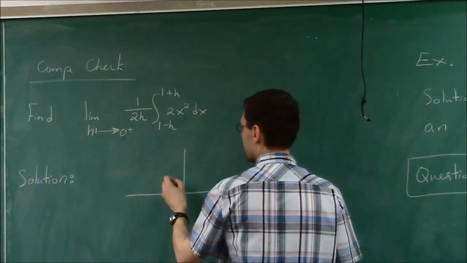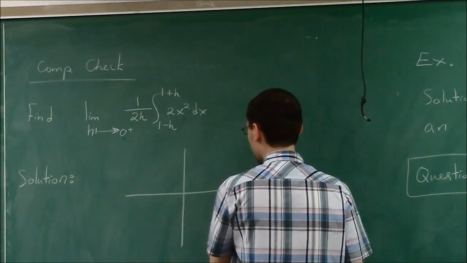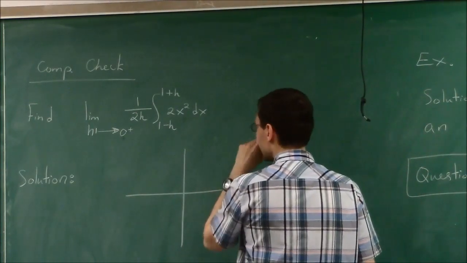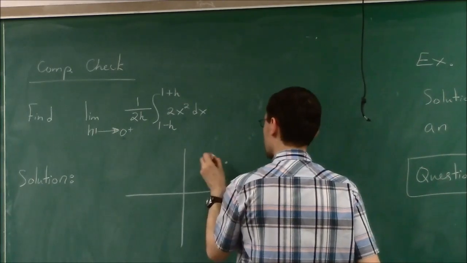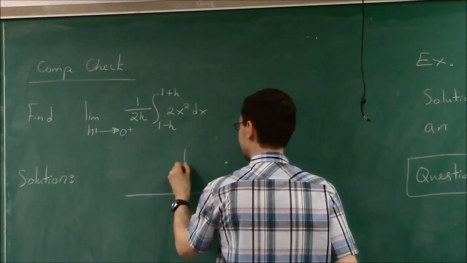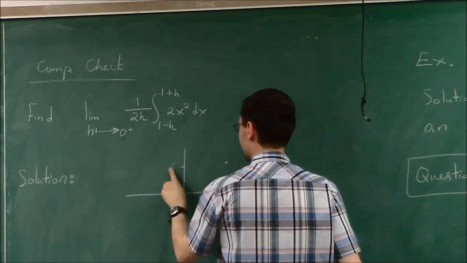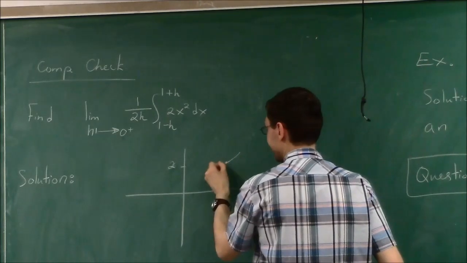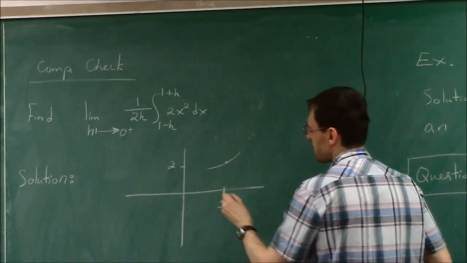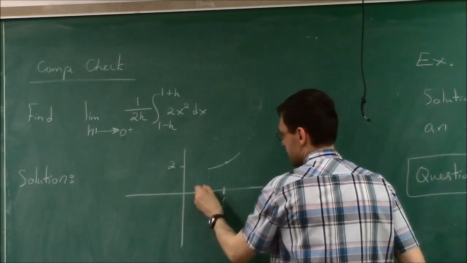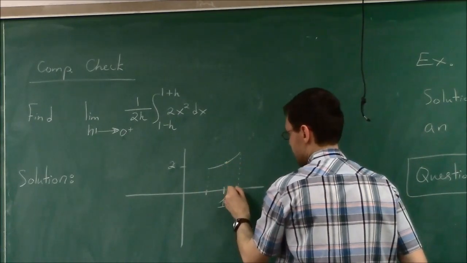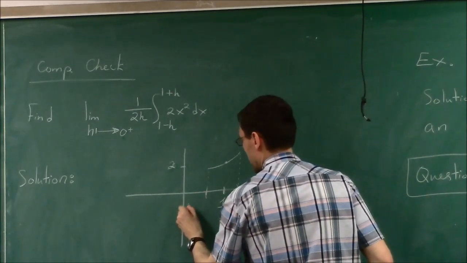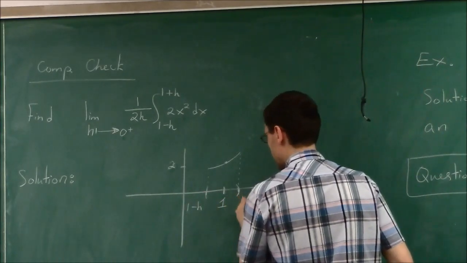So somewhere over here is 1, somewhere over here is the point 2. And if h is very small, this point is 1 minus h. This point is 1 plus h.